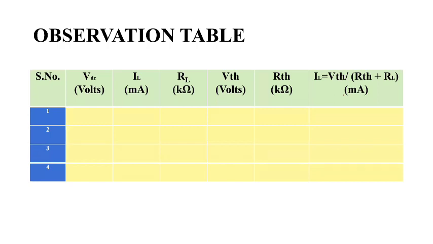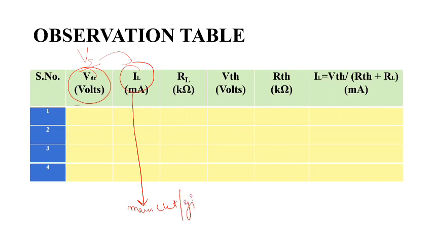All right, let us come to the observation table here. Your first column always remains the same. This is your supply voltage. We have named it as VDC. Second column here is your load current, and for which circuit? Keeping in mind, this is for your main circuit or your given circuit or your complex circuit.